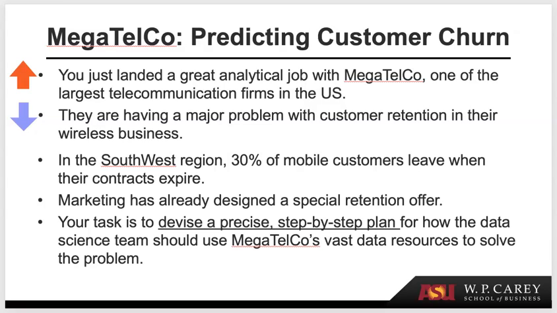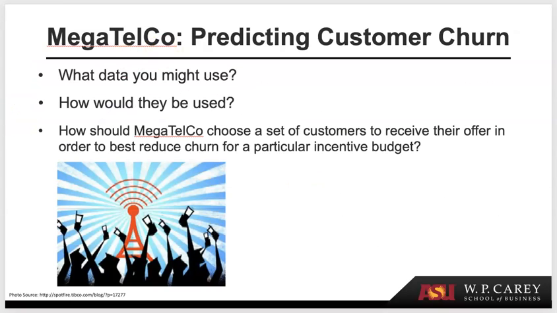Say you work for a big telco and your job is to make a predictive model of customer churn. Your task is to devise a step-by-step plan for how the data science team should use the company's vast amount of data resources to address the problem. What data would you need and how would they be used?